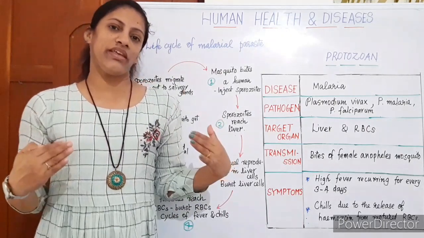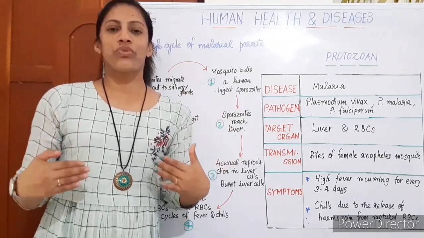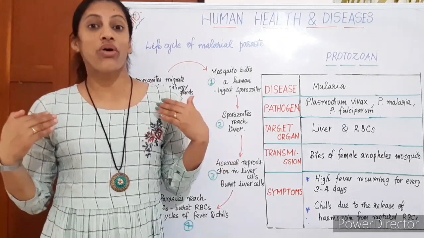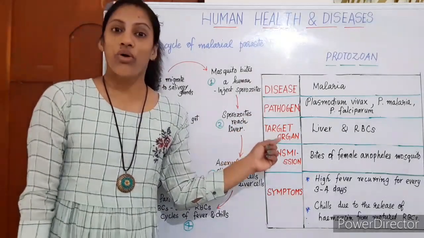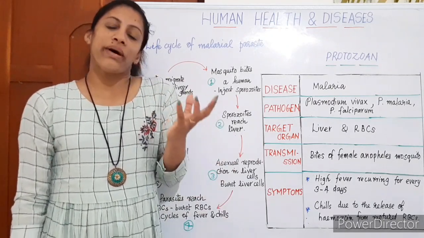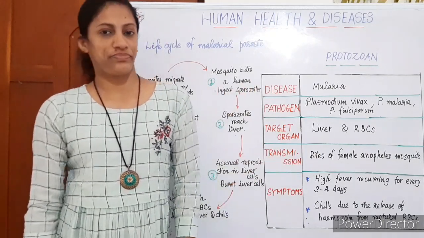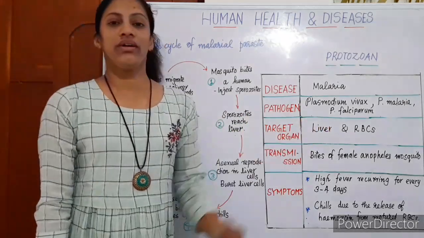Then tell me, the Plasmodium parasite affects which organ of our body? Understand the target organs, where the malarial parasites attack. The parasites first enter the liver.